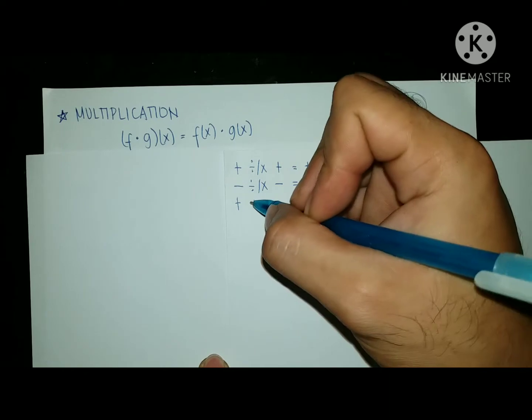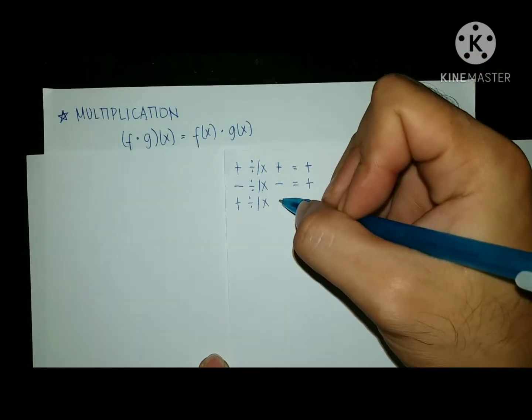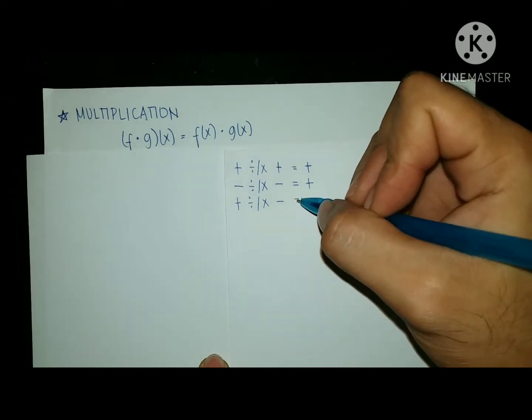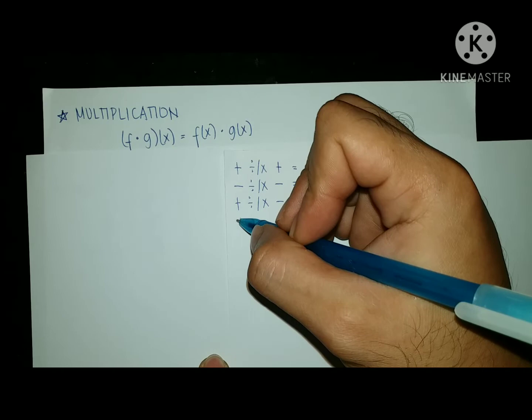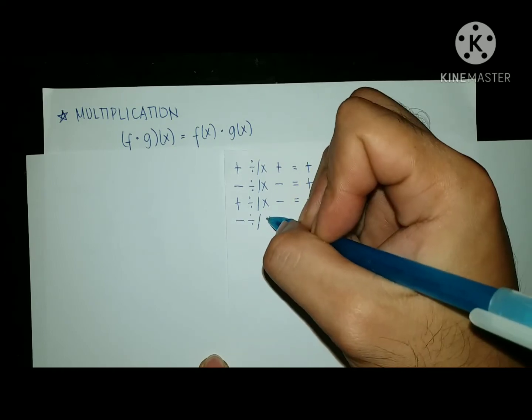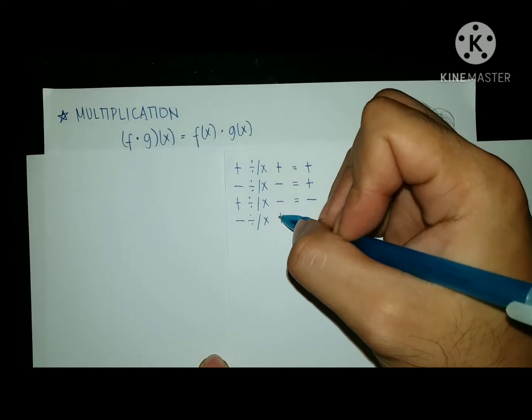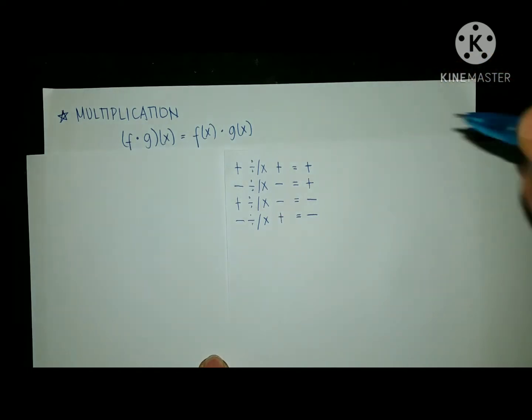When a positive number is divided or multiplied by a negative number, the result is negative. And when a negative number is divided or multiplied by a positive number, the result is negative.